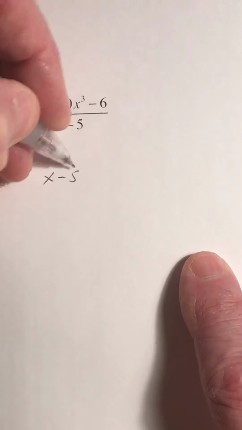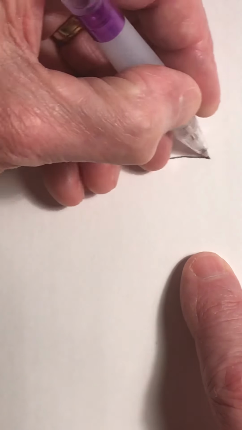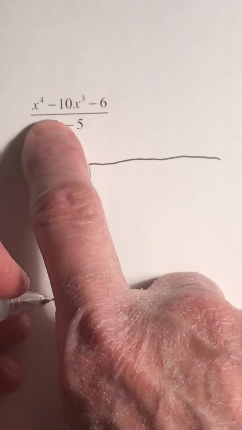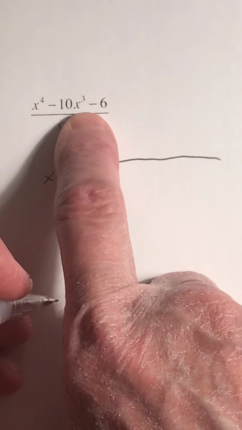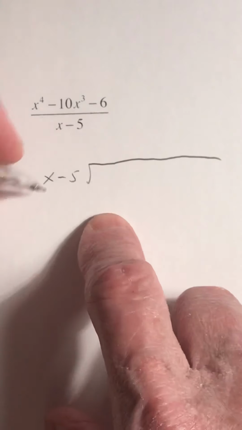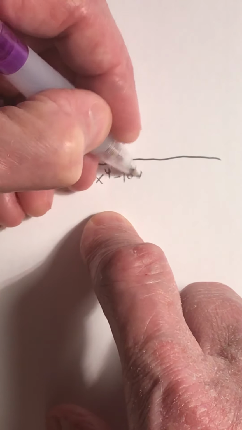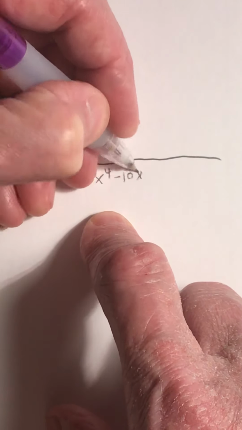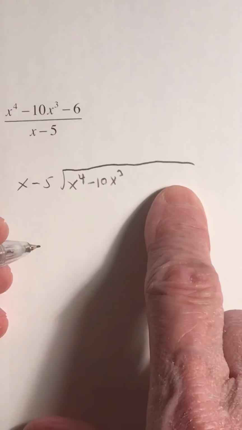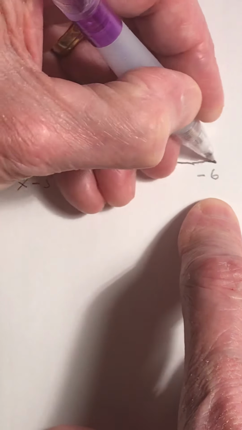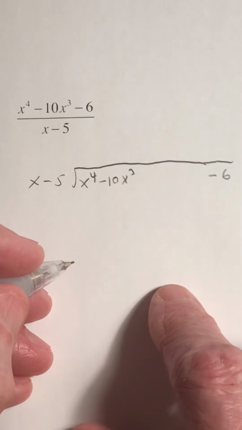X minus 5 outside. And then I'm leaving some extra room here because you notice I skipped some powers. 4, 3, there's no 2, there's no 1, so we'll leave some room. X to the 4th minus 10x to the 3rd, and I'll leave some room for the x squares, and then for the x's, I'm going to push this minus 6 way the heck down there. And we'll see what happens.